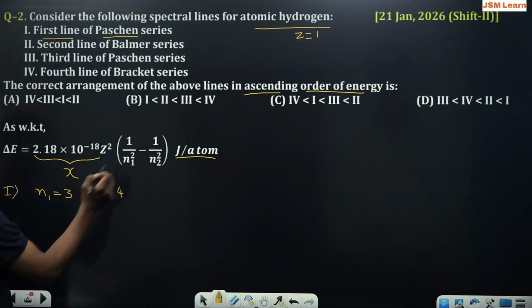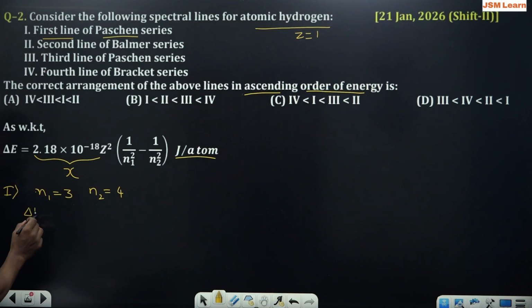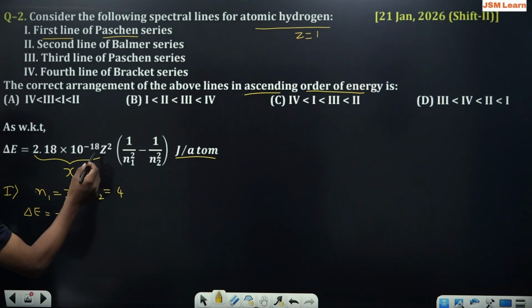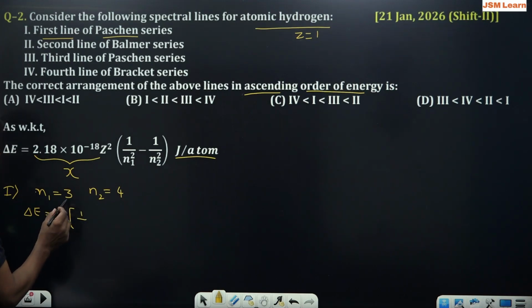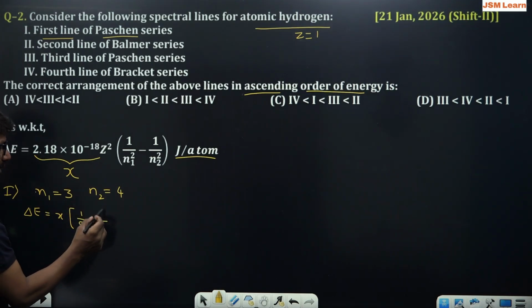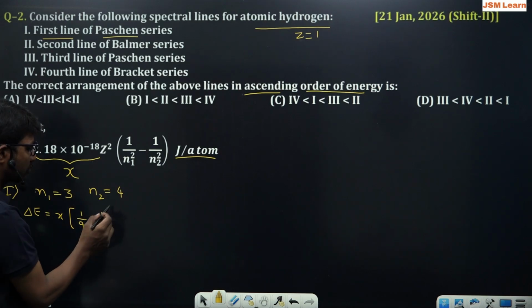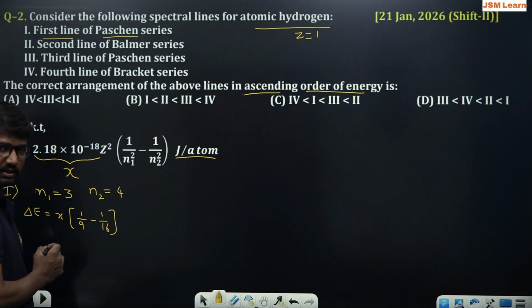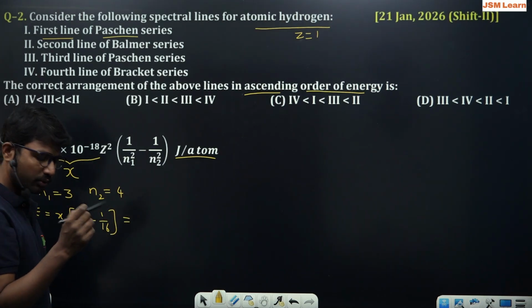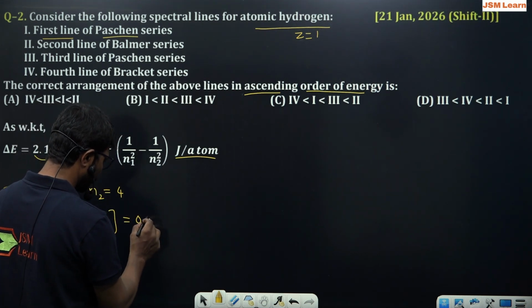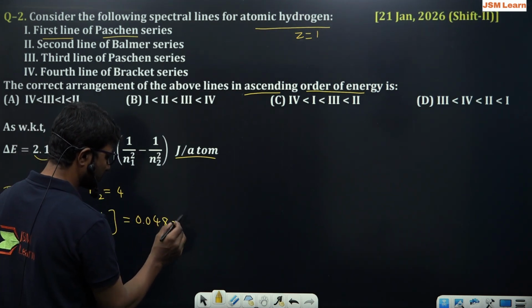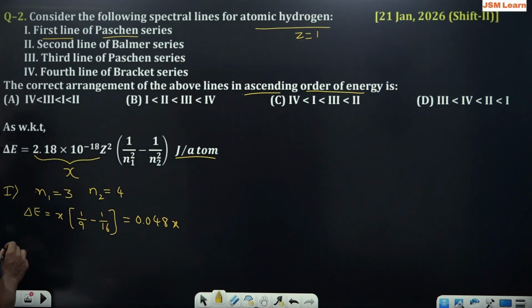On substituting these values in the above equation, delta E is equal to x, Z value is 1 square, multiplied by 1 upon N1 square, 9, minus 1 upon N2 square, this can be written as 16. Whose value we are going to get as 0.048x.